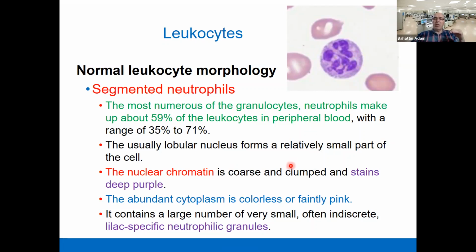The abundant cytoplasm is colorless or faintly pink. It also contains a large number of very small and often indiscrete lilac specific neutrophilic granules in the cytoplasm.